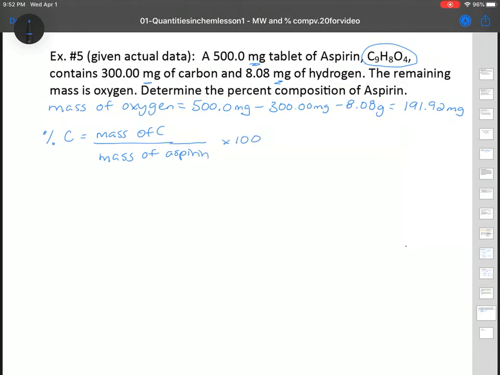It doesn't matter what they are as long as they match. So you don't even have to change them into grams, because they're going to cancel out. If you have 300 milligrams for carbon and 500 milligrams total, the milligrams cancel out, so that is incidental. So you get 60%.